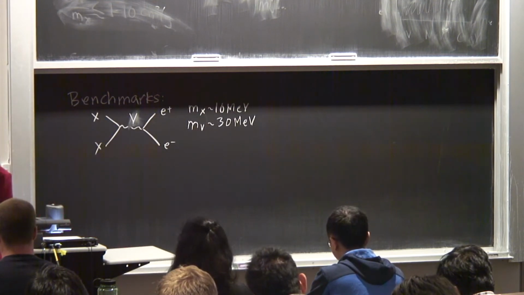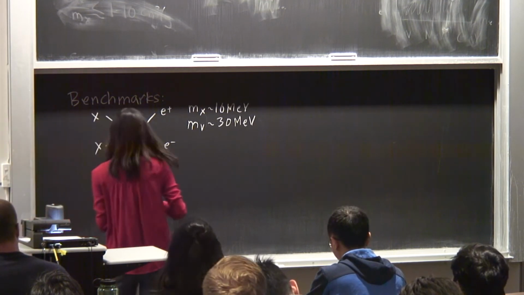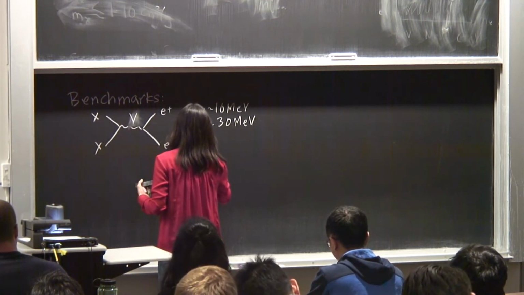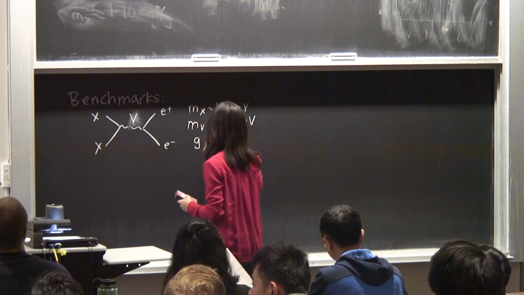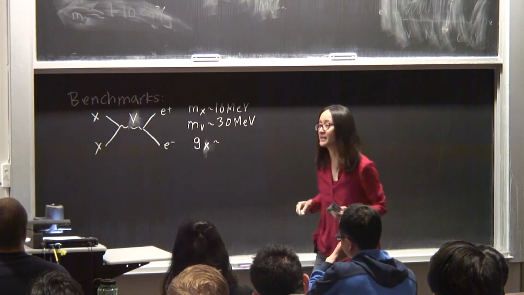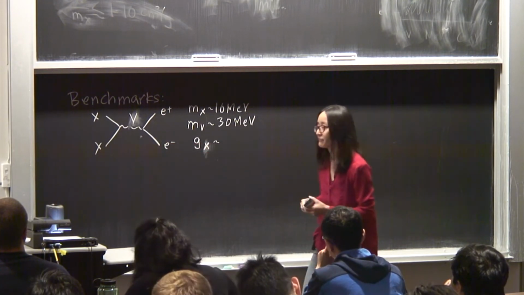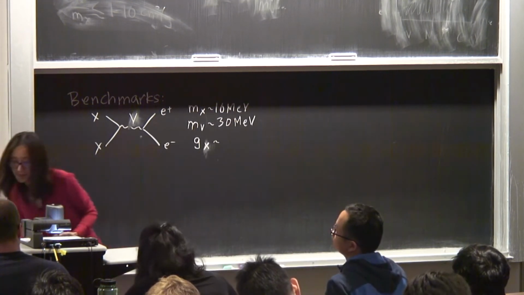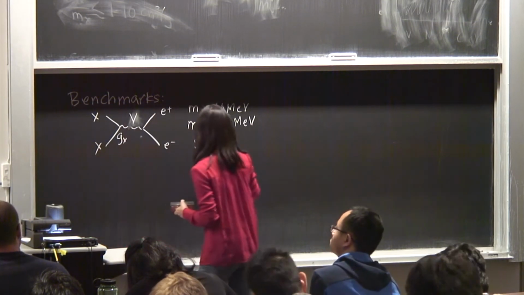And I want to satisfy the self-interaction constraints. Yeah, the dark photon can be more massive, I just go through this annihilation. I can satisfy the self-interaction constraints even with a fairly large g_X coupling.